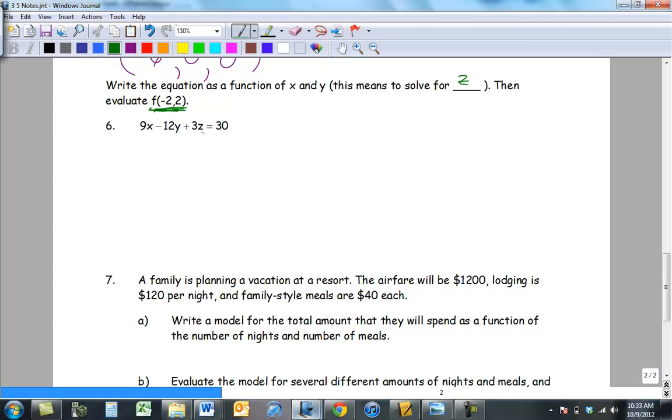So let's get this bad boy. Let's solve for z. So 3z equals 30 minus 9x plus 12y. All right, then get z by itself. You divide by 3, so you get z is 10 minus 3x plus 4y.